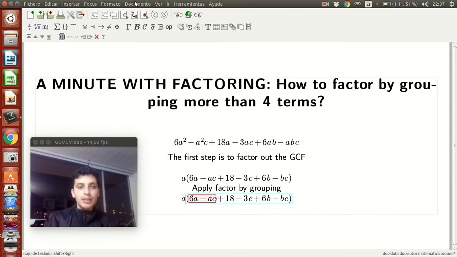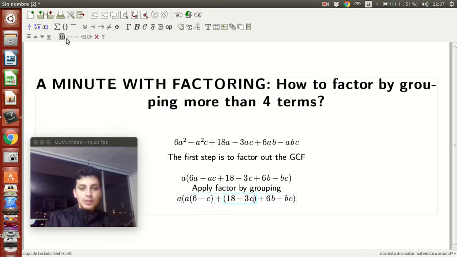So let me write this group in a parenthesis, and the GCF of these two is A, so we have 6 minus C, and the common factor is A. Here we have 18 minus 3C, and the GCF will be 3 because 3 is a factor of 18.